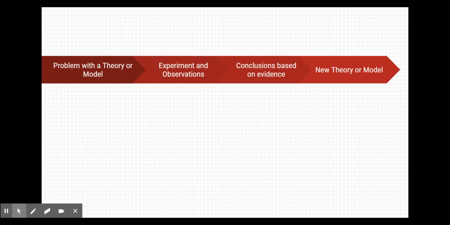That leads to an experiment or a series of experiments and a set of observations. And based upon that experiment, new conclusions are drawn. And based upon those new conclusions, a new model of the atom or a new atomic theory is developed. So keep this flow in mind, because this process is going to occur again and again as we move through the different models of the atom.